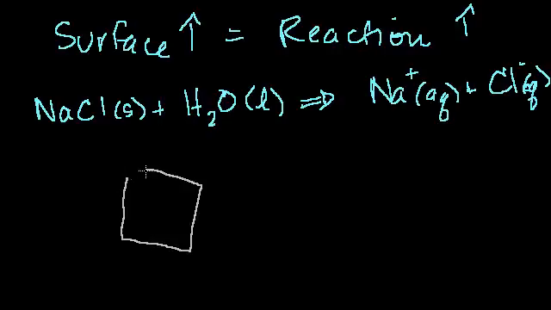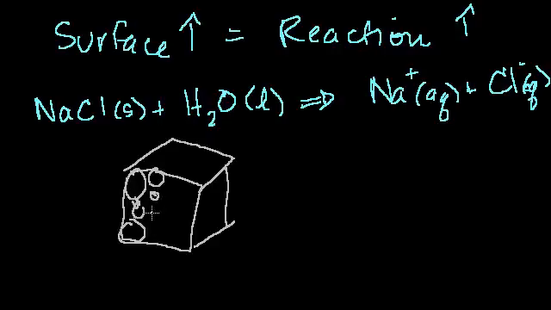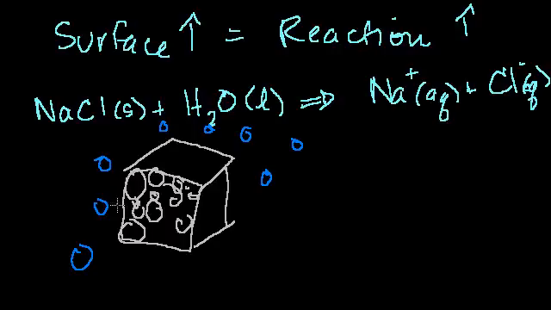If you have a big block of salt, so there's a bunch of sodium and chloride atoms in it, and you have water all around it, the water is only going to be able to interact with the surface molecules and slowly dissolve away the salt, slowly making polar dipole bonds with the different sodium or chloride ions.